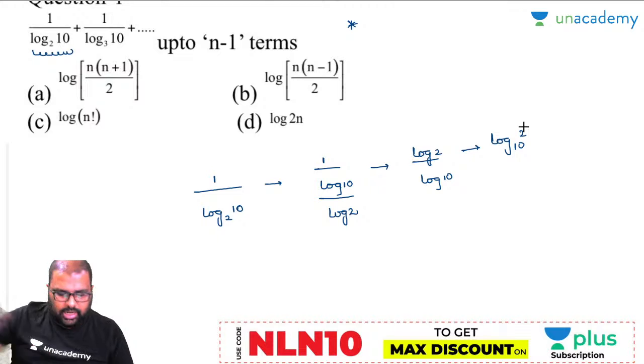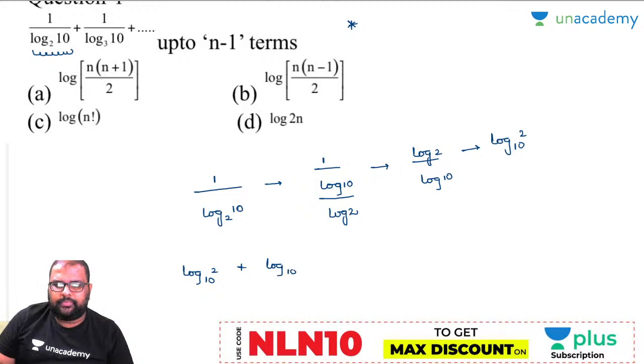So I'm going track-wise, right? Now finally every value can be written like this: log base 10 of 2 plus log base 10 of 3 plus log base 10 of 4, and so on, up to n minus 1 terms.